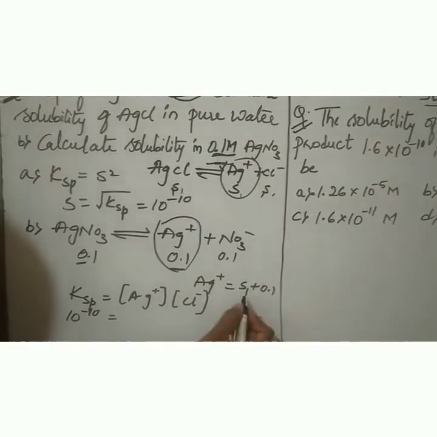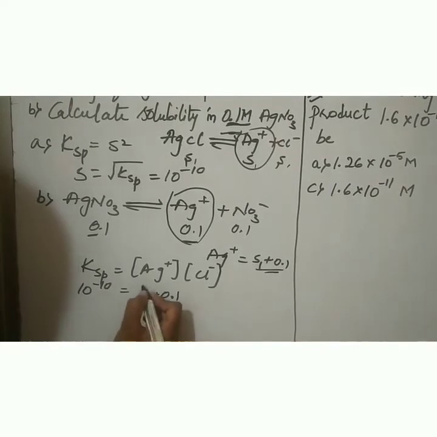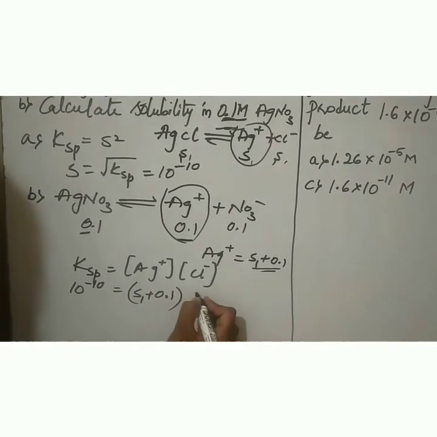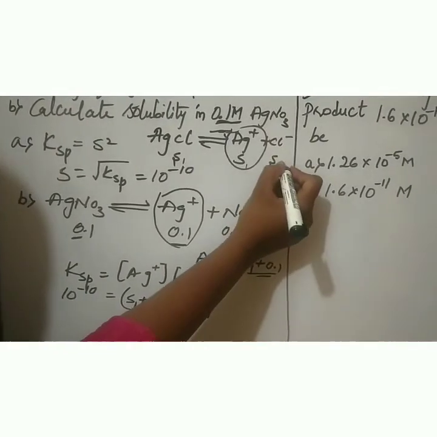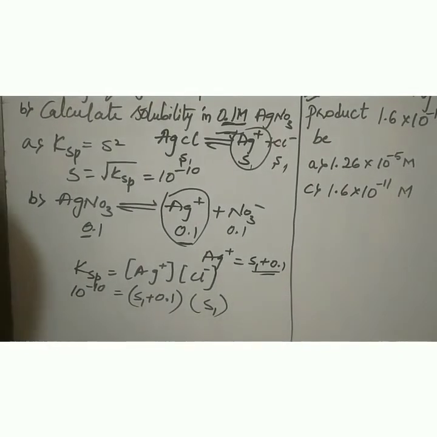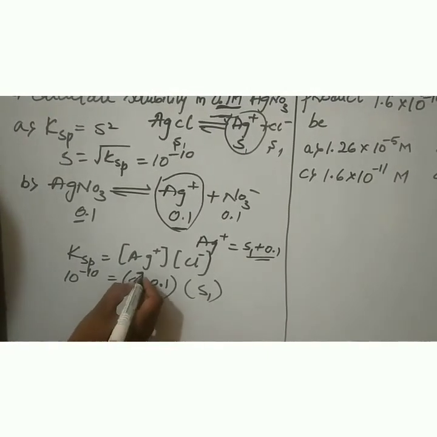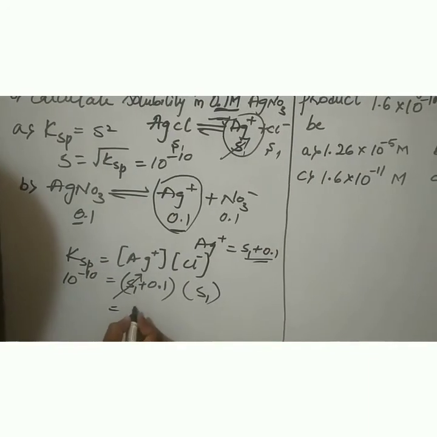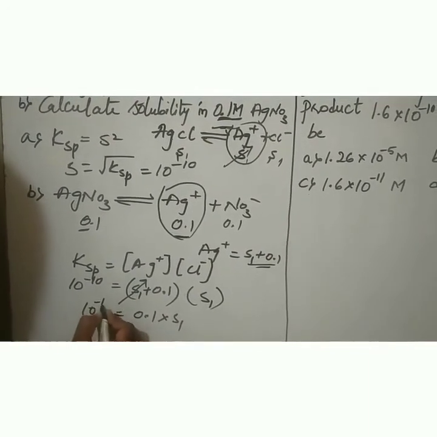Ag+ is S1 plus 0.1, and Cl- is S1. Since it is sparingly soluble in water, S1 is negligible, then 0.1 times S1 equals 10 raised to minus 10.